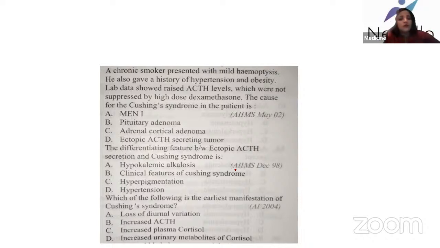Okay, with that I come to a question which is very important. A chronic smoker, see again, the history has always been asked in your NB examinations. A chronic smoker presented with hemoptysis, he also gave a history of hypertension and obesity. Lab data showed raised ACTH levels which are not suppressed by high dose dexamethasone.